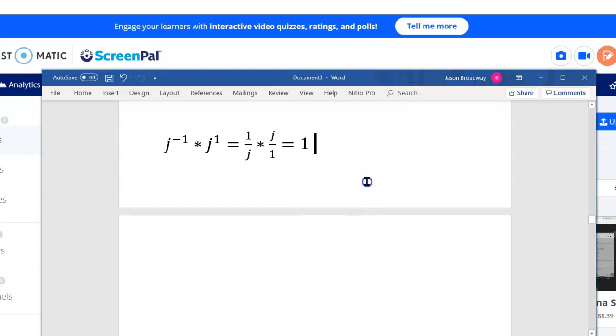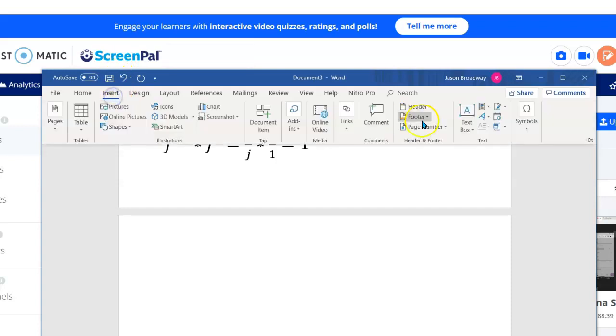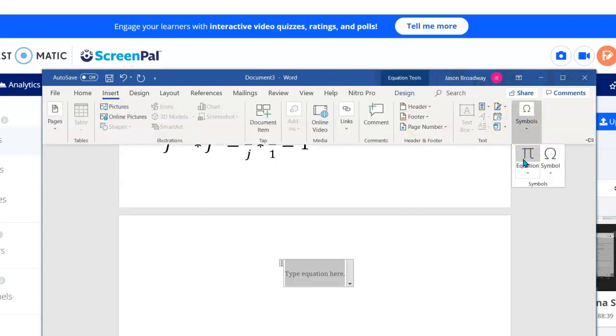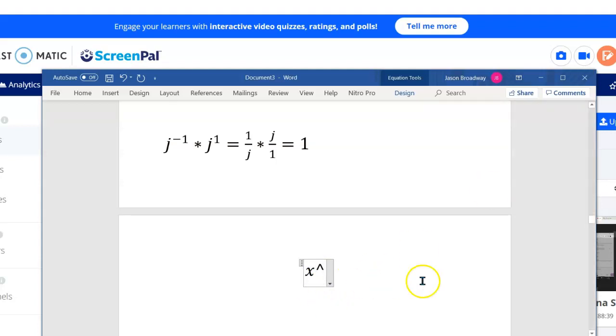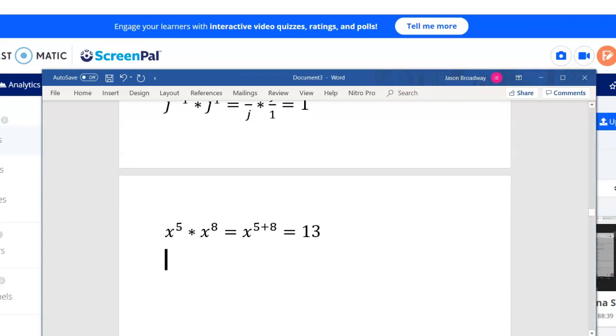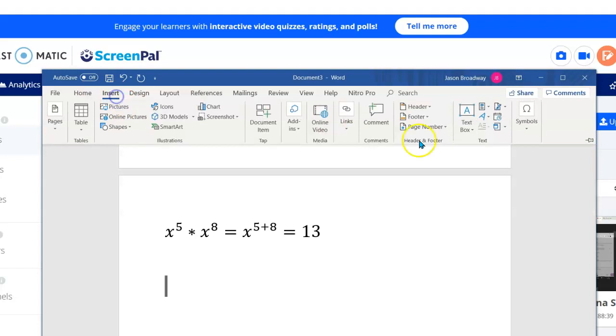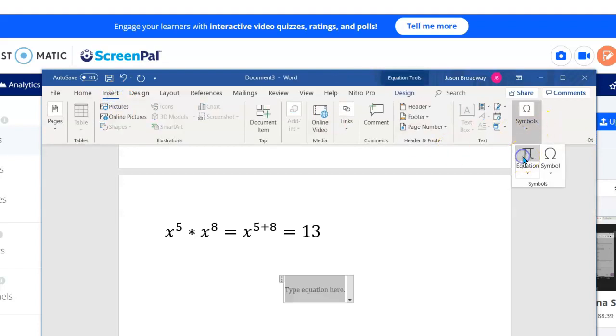Let's look at some more examples. Now, you know how I've been using x the whole time? Remember x to the 5th times x to the 8th, for example, that would equal x to the power of 5 plus 8 by Rule 1. That's x to the 13, no problem, right? But now what if, instead of a monomial x, I want to use something a little more convoluted?